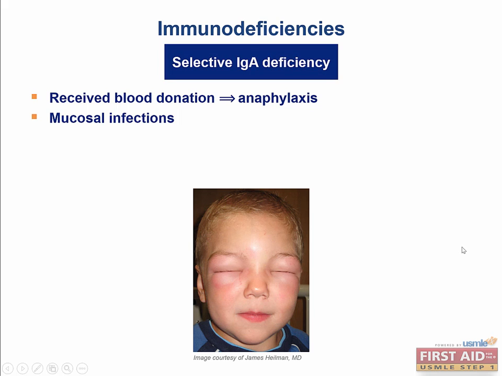This is selective immunoglobulin deficiency, and the most common type of that is IgA. So, without IgA, and you're given a blood transfusion that contains IgA, you will have a type 1 hypersensitivity response to that foreign IgA, and as described previously, you'll go into anaphylactic shock.